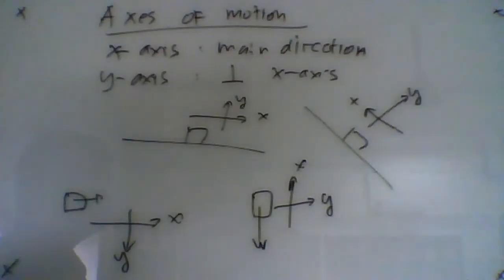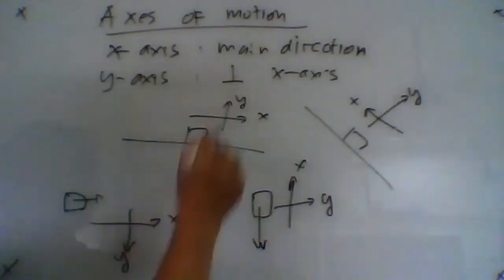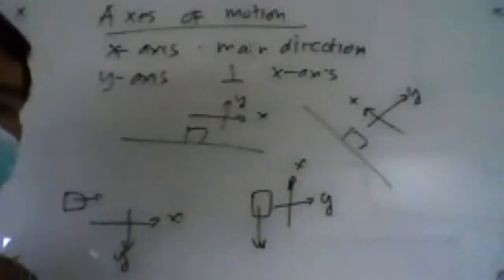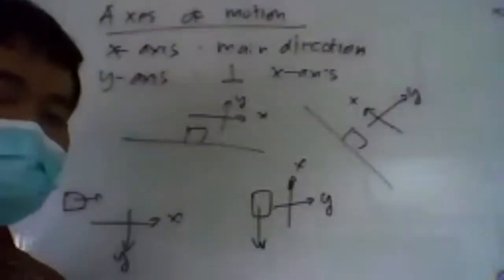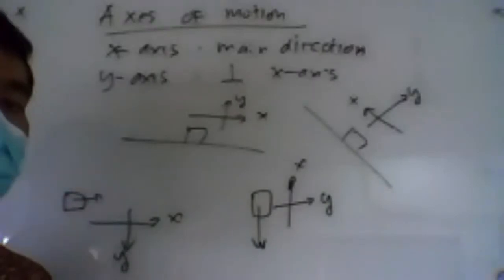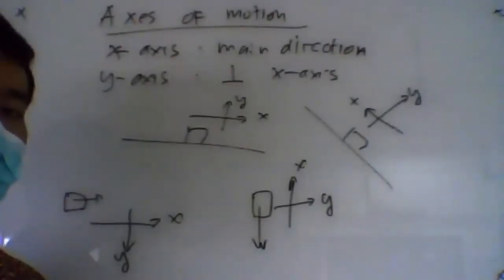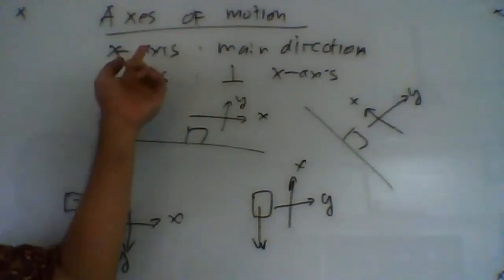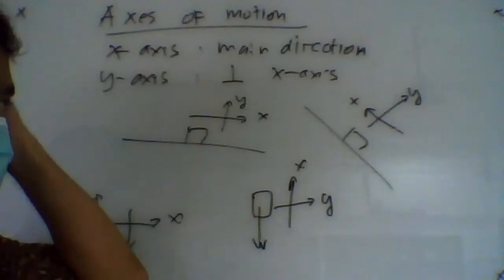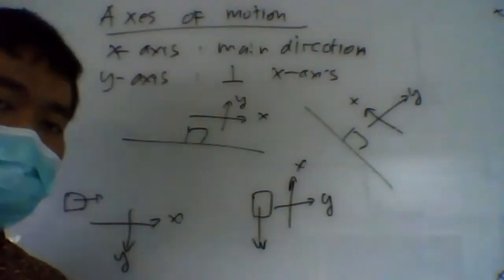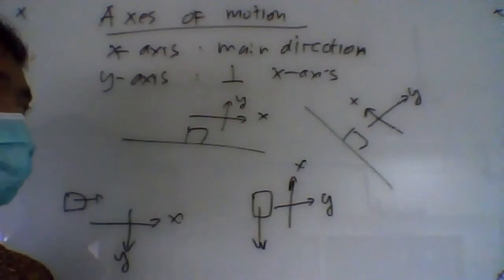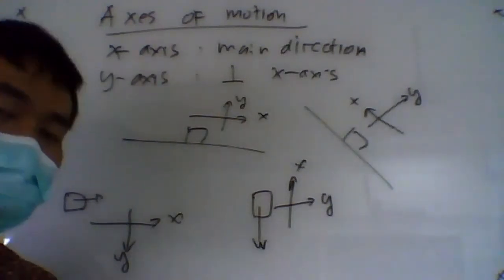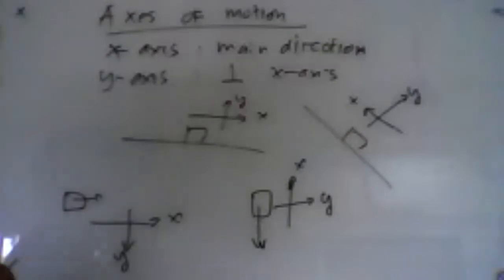Okay? Now, why do we put the x-axis here, and the other axis perpendicular? It's important because then Newton's laws are going to apply independently to each axis. We have one axis and two axes. As long as the axes are perpendicular to each other, they become independent. So we can apply Newton's laws of motion independently in each of them.